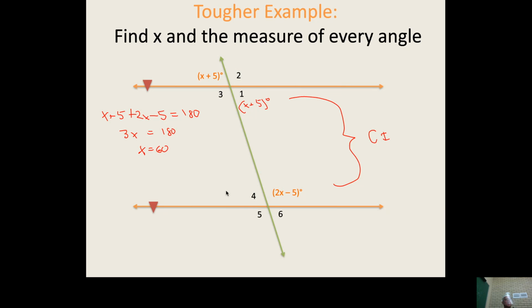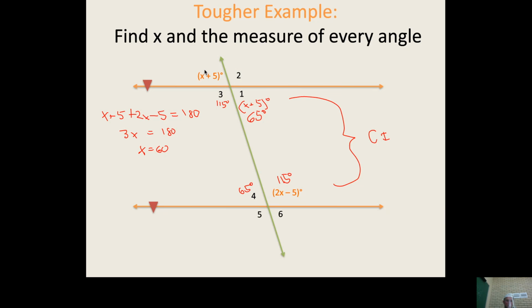X equals 60. So if x equals 60, then this angle is 65 degrees. And if x is 60, this will be 120 minus 5, 115 degrees. These add up to 180, and they should. This alternate interior angle over here is 115. This alternate interior angle over here is 65.